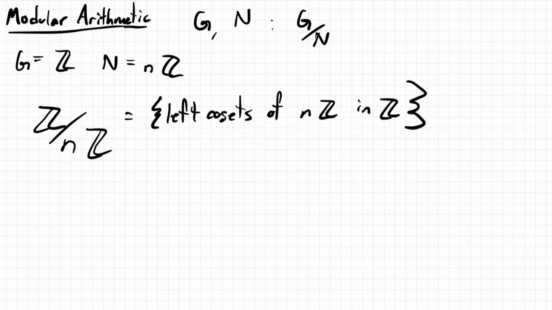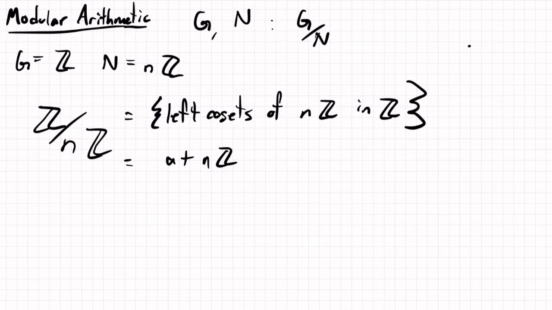Normally we write down cosets like, if A was an element of G, we would write A times N for the coset. But in this case, I'm going to write A plus nZ because my group operation here is addition and not multiplication.